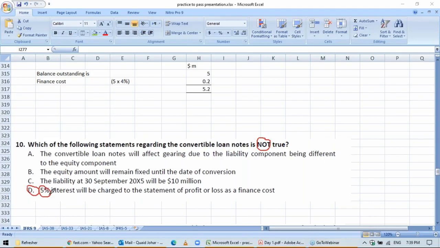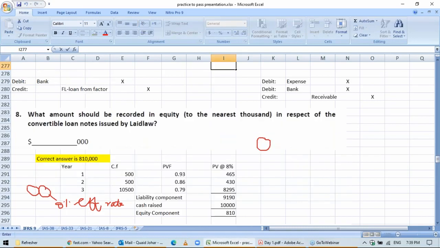Interest will not be recognized at 5%. It will be recognized at the effective rate. Interest is always recognized at the effective rate. So this one is not true. D is not true. Interest expense is recognized in the profit and loss account at the effective rate. So this was what you had to remember. The correct answer is D.